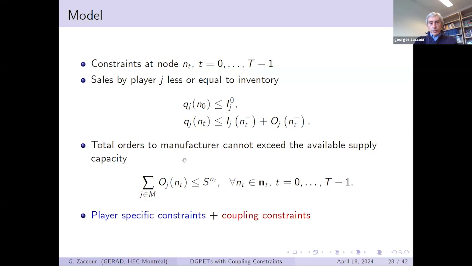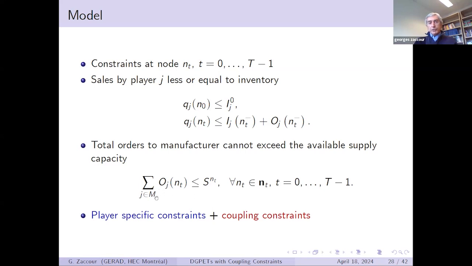We have also another constraint, which is that the total orders from all players to the manufacturer cannot exceed the production capacity of the manufacturer. So here what I want to highlight is that we have some constraints that are specific to the player, and we have this one, which is a coupling constraint.